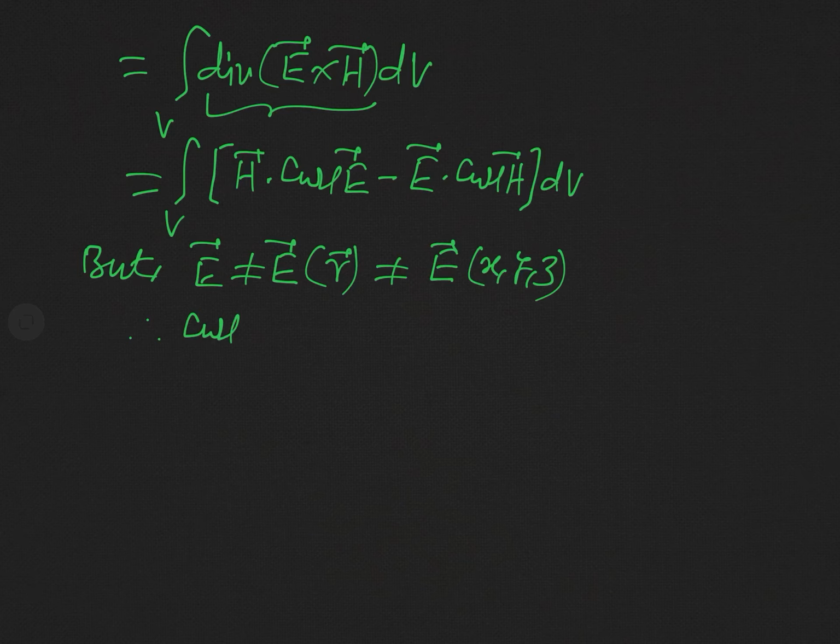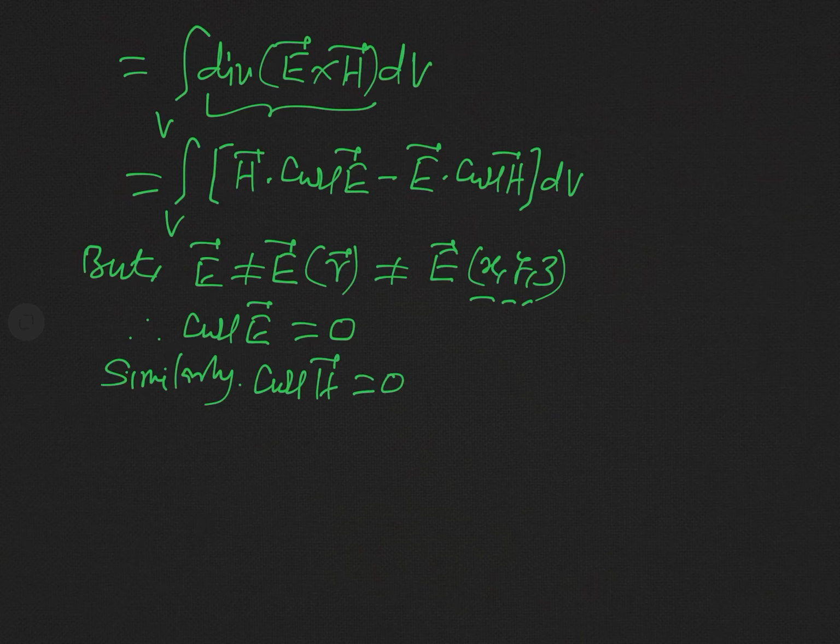Therefore, what will this curl of E be? Curl means differentiation with respect to the space coordinates, and since the vector E is not a function of x or y or z, curl E will be equal to 0, and similarly curl H will also be 0. Therefore this expression will in fact be 0.